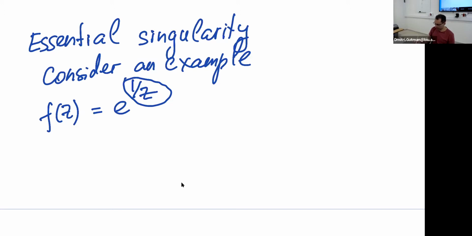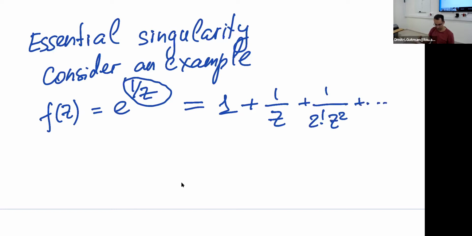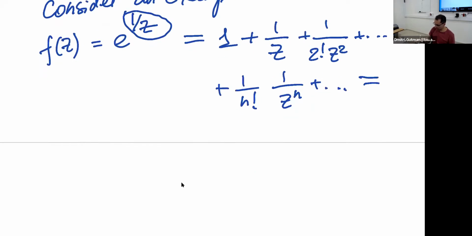So what it means is that this expansion will be 1 plus 1 over z plus 1 over 2 factorial z squared plus, and so on, 1 over n factorial 1 over z to the power n, plus. So essentially, this expansion is 1 plus the sum over n from 1 to infinity of z to the power minus n over n factorial.